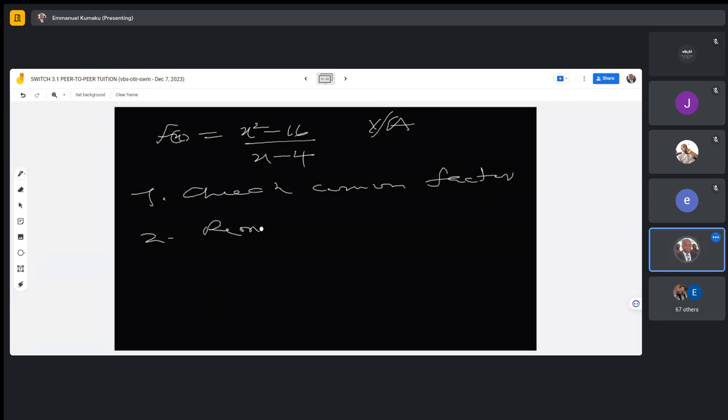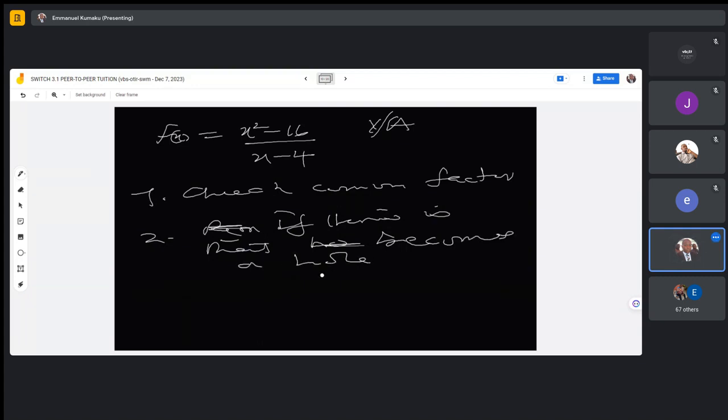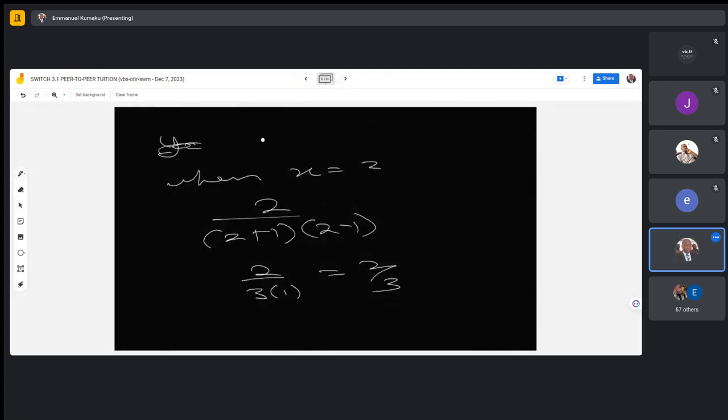Remove it if there is one, and that becomes a hole. The remaining is the VA. Okay, so let's look at this one.